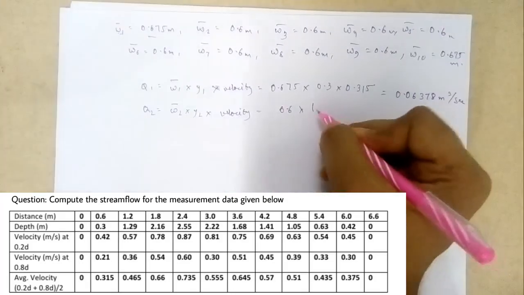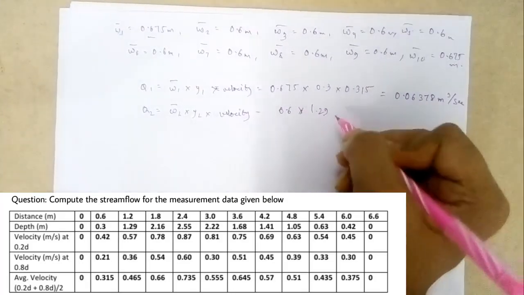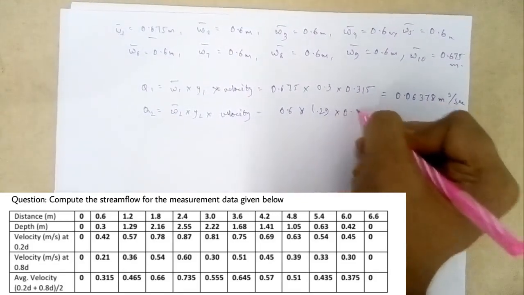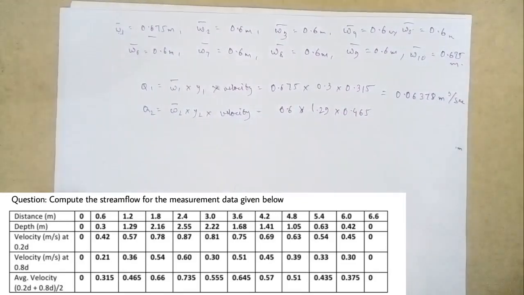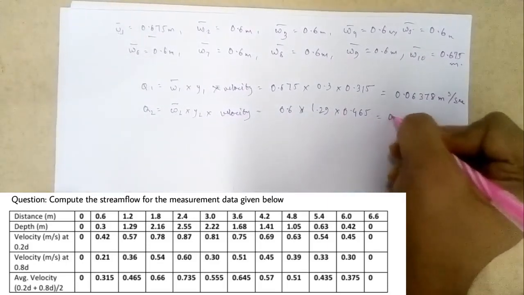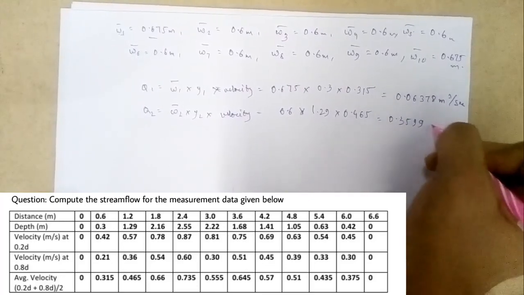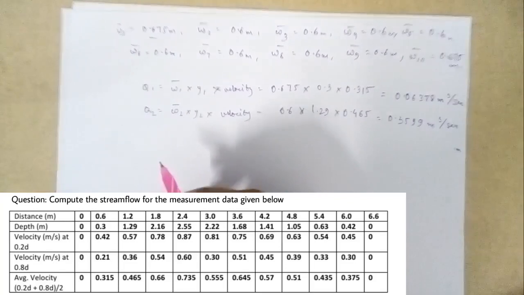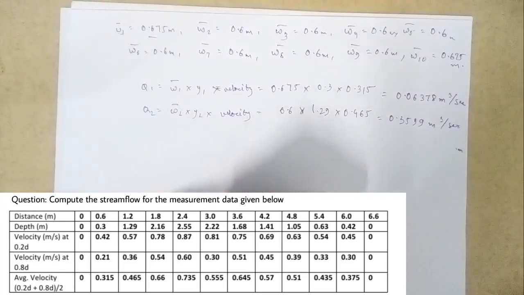Then multiplied by 0.465, as 0.465 is given as the depth average velocity for this particular depth. So it is equal to 0.3599 meter cube per second. Similarly we will now calculate the discharge of all other strips.